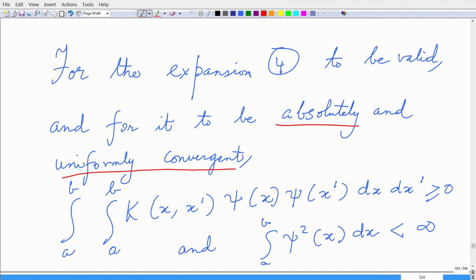These are the two conditions that have to be satisfied for the expansion to be absolutely and uniformly convergent.